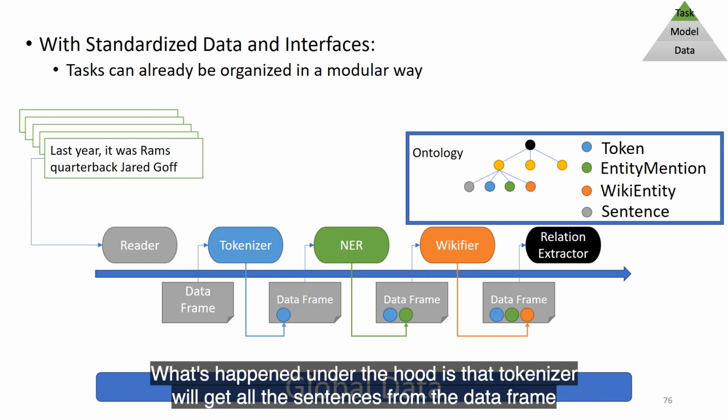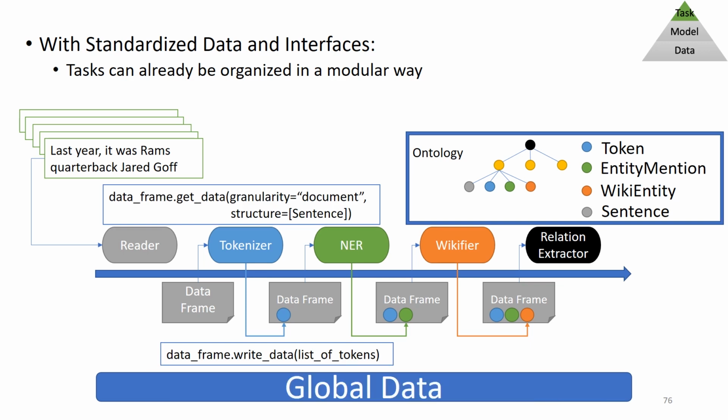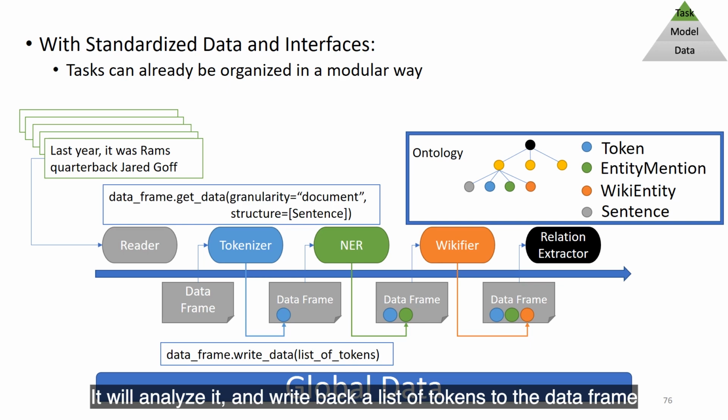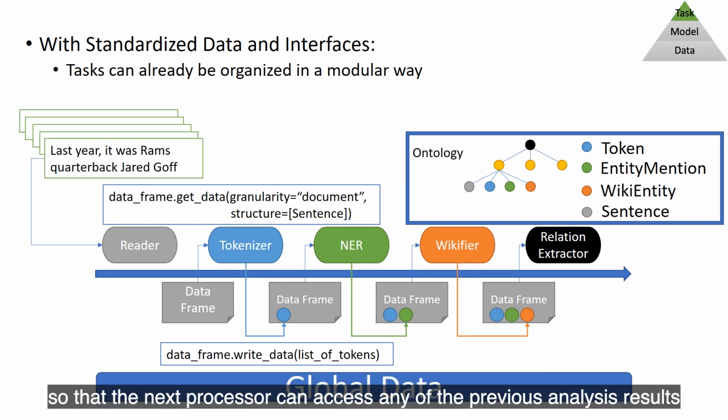What's happening under the hood is that tokenizer will get all the sentences from the data frame, analyze it, and write back a list of tokens to the data frame. You can see that all this analysis result passes on so that the next processor can access any of the previous analysis results.